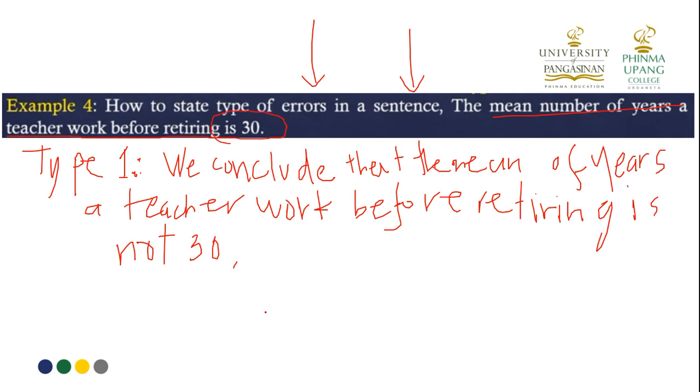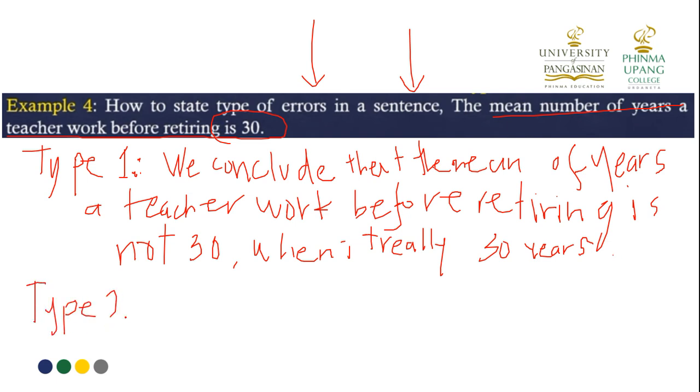Therefore, I add not. Kasi nga, type 1 siya eh. Nireject ko siya eh. When it really is 30 years, di ba? Sa totoo is 30 years talaga. Tama? So, that is type 1.